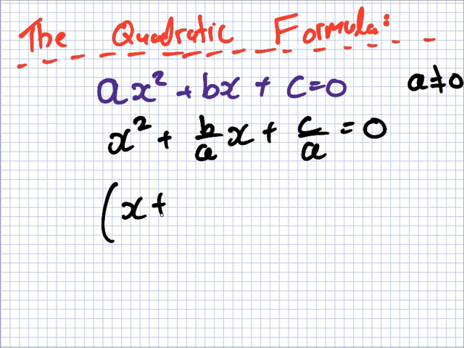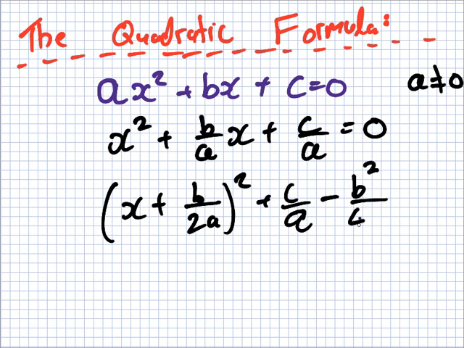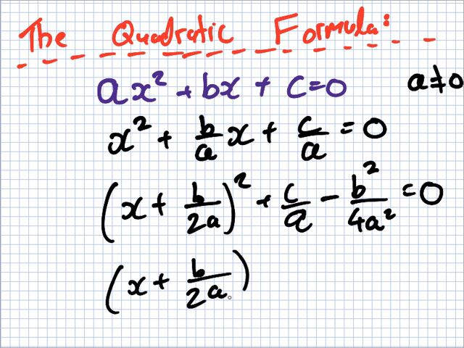Yeah, so what would I write next? B over 2a, yeah. And then it's c over a minus the square of this, which is b squared over 4a squared, and that's equal to 0. Okay, so we'll take these two to the right. So we have x plus b over 2a squared equals b squared over 4a squared minus c over a.